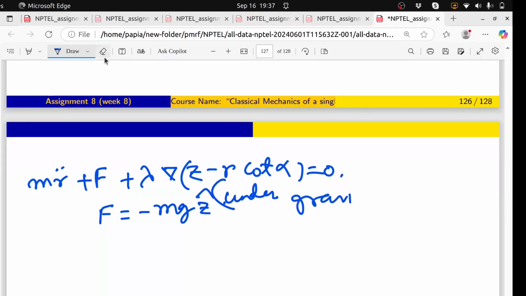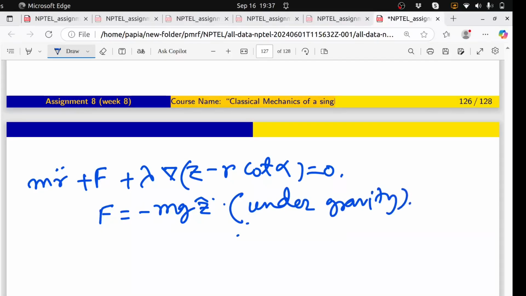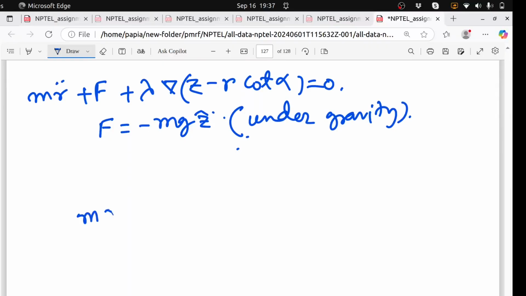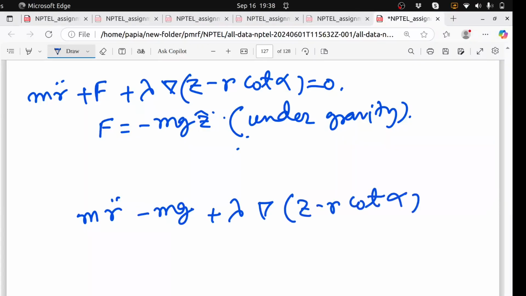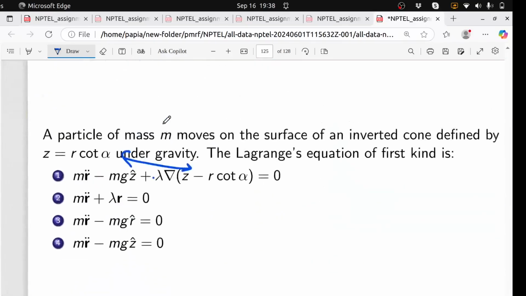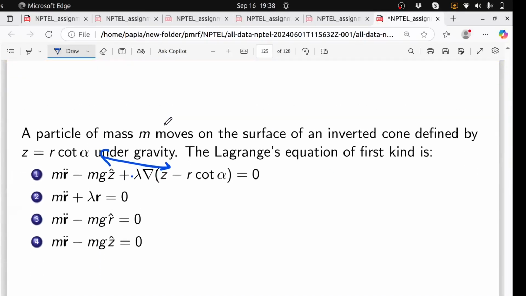Let me write here properly. Under gravity, this will be m r double dot minus mg plus lambda grad of z minus r cot alpha equals 0. So maybe we can see the option. Yes, this one is the option.